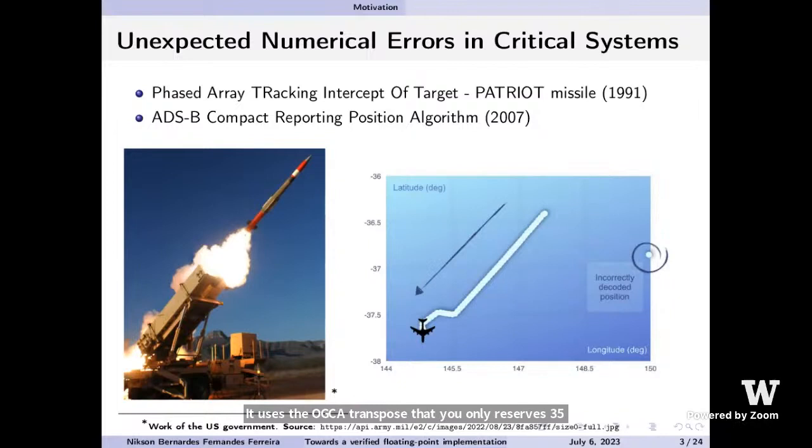So there is the compact position reporting algorithm to improve the precision of this representation. However, in 2007, Airservices Australia reported that this algorithm decoded a position with a small error, just 220 nautical miles away from the actual position. Round-off errors can be really dangerous.